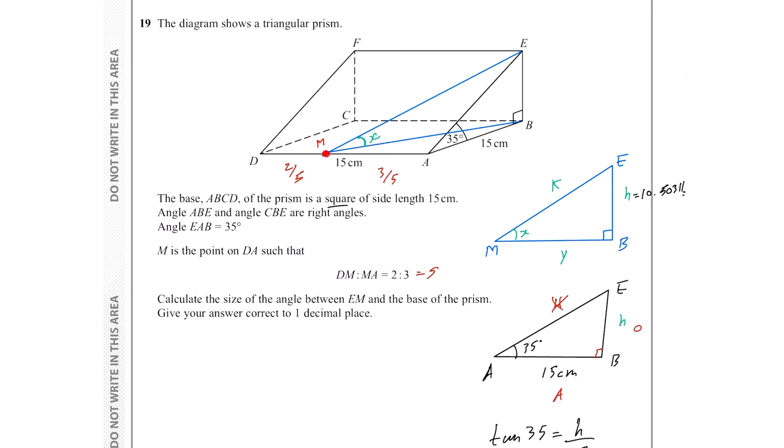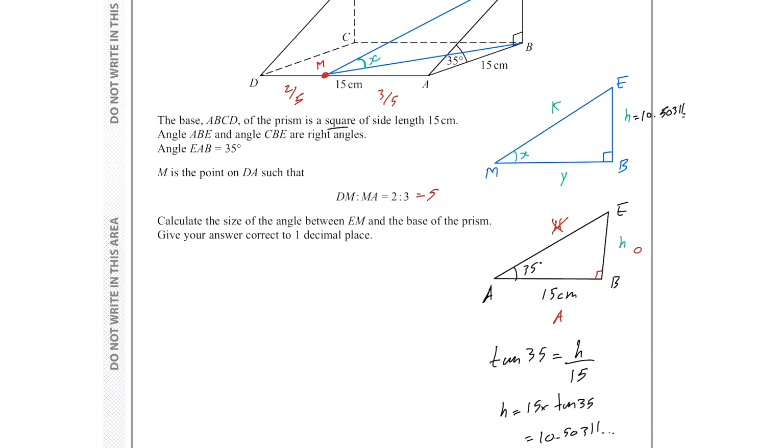So that's going to be from M to B, B to A, and then A back to M. So if I draw that one on this side down here, I know if I label that, that's B, that's A. I know B to A is 15 centimeters. That's M. I don't know what M to A is, but I know what the full length is.